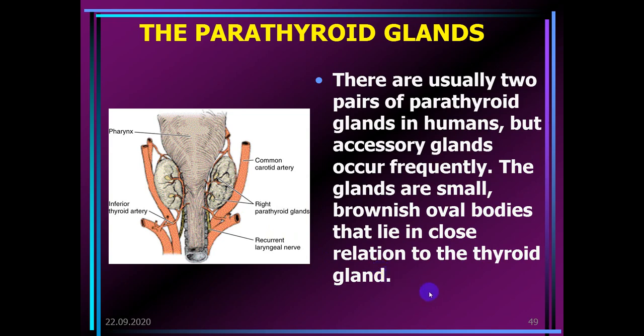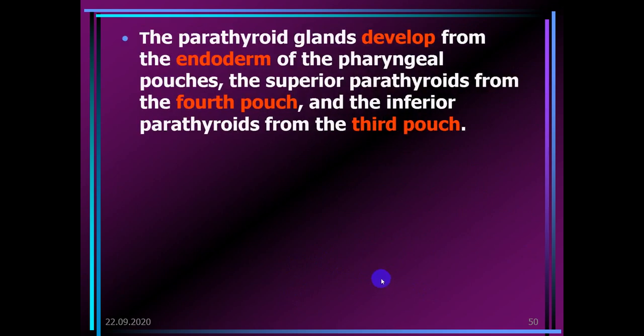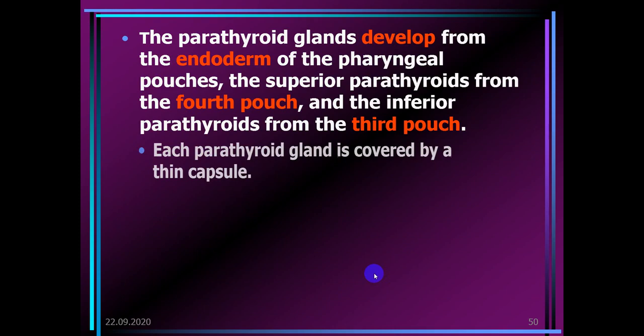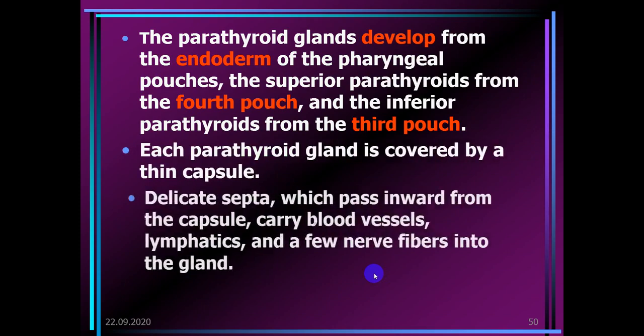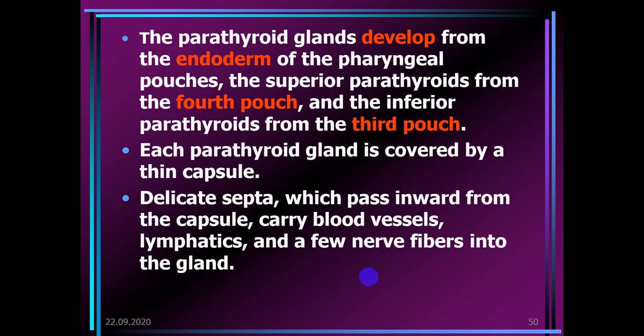Usually a person has several pairs of these glands, but there may also be accessory parathyroid glands, and that's why nobody can say how many parathyroid glands a concrete person has. These glands develop from endoderm of the pharyngeal pouch, the superior parathyroids from the fourth pouch, and the inferior parathyroids from the third pouch.